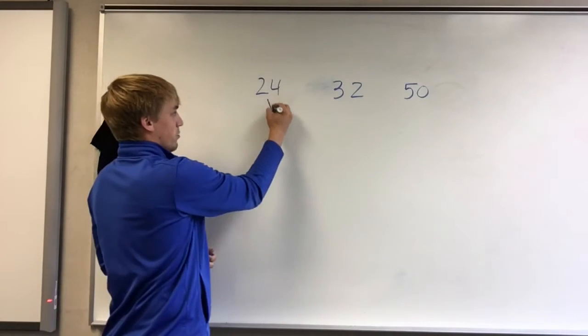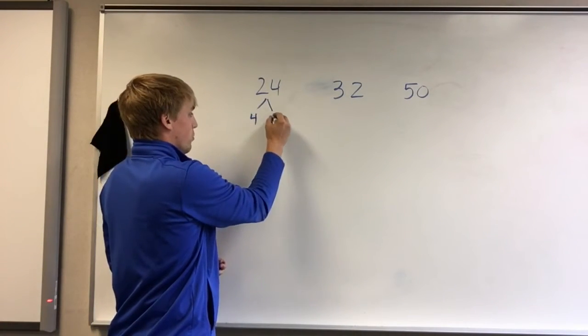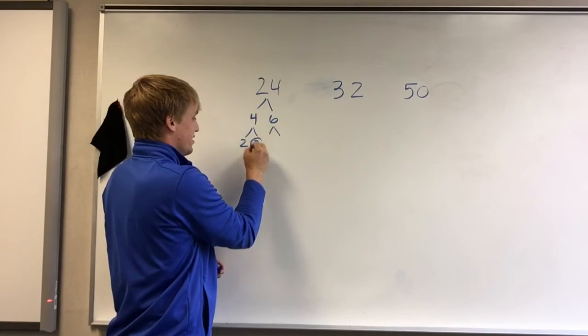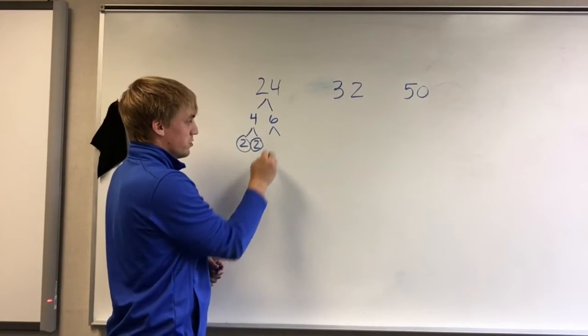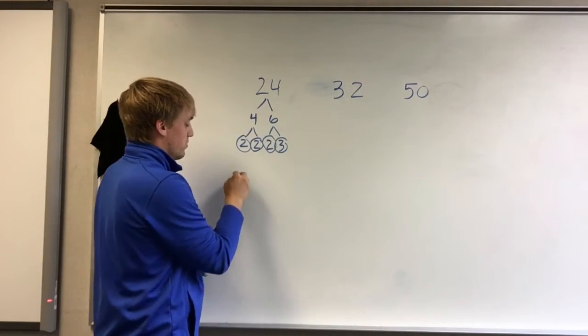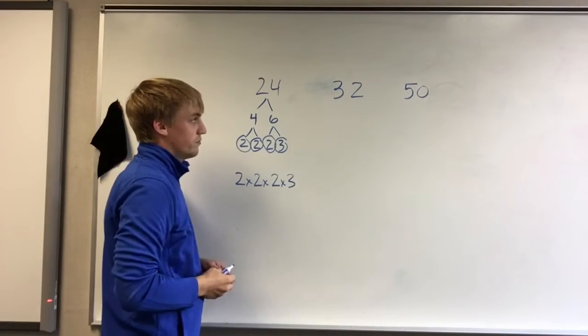Okay, so we have to find the prime factorization of 24. Well, 4 and 6 make 24. Those are both composite. 2 times 2 makes 4, those are prime. 2 times 3 makes 6, those are also prime. So our prime factors are 2 times 2 times 2 times 3.